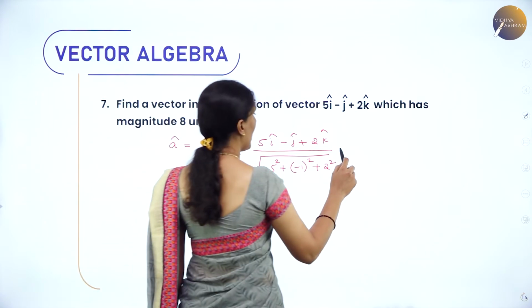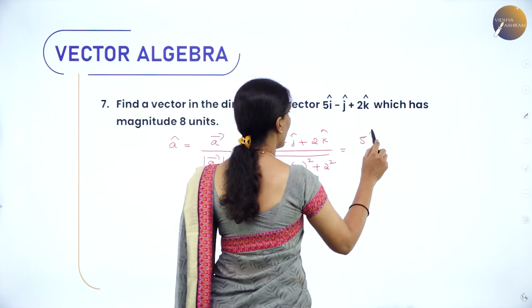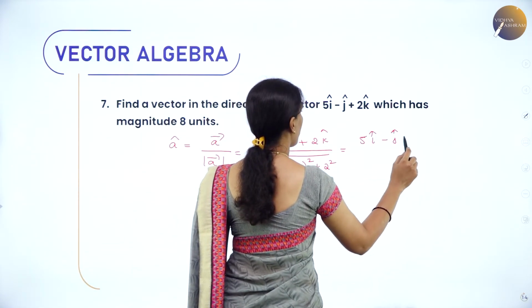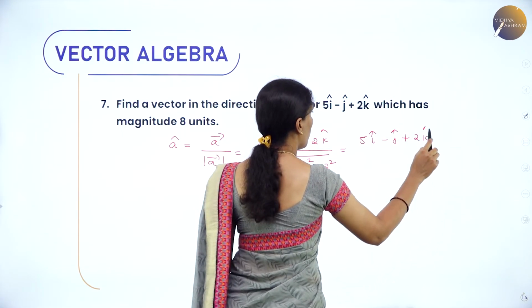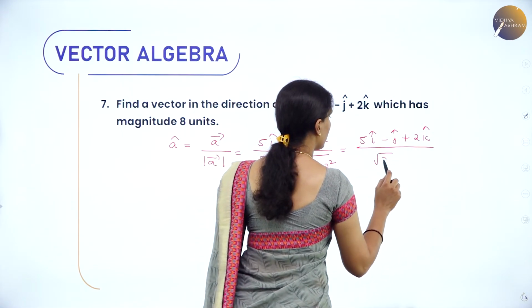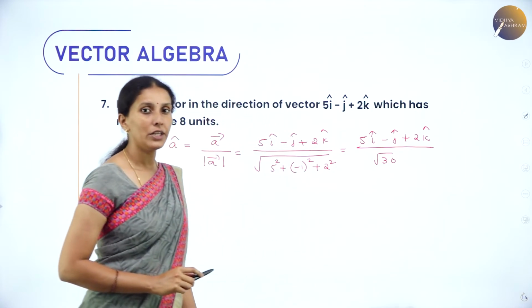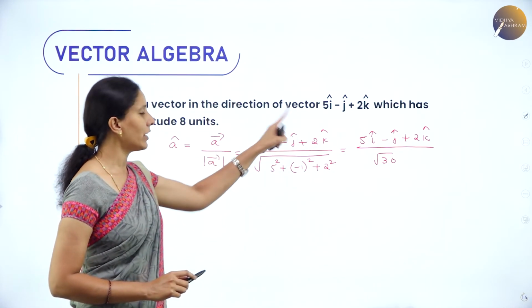So here I'll get the vector as 5i minus j plus 2k whole divided by root 30. So this is the unit vector along the direction of the given vector.